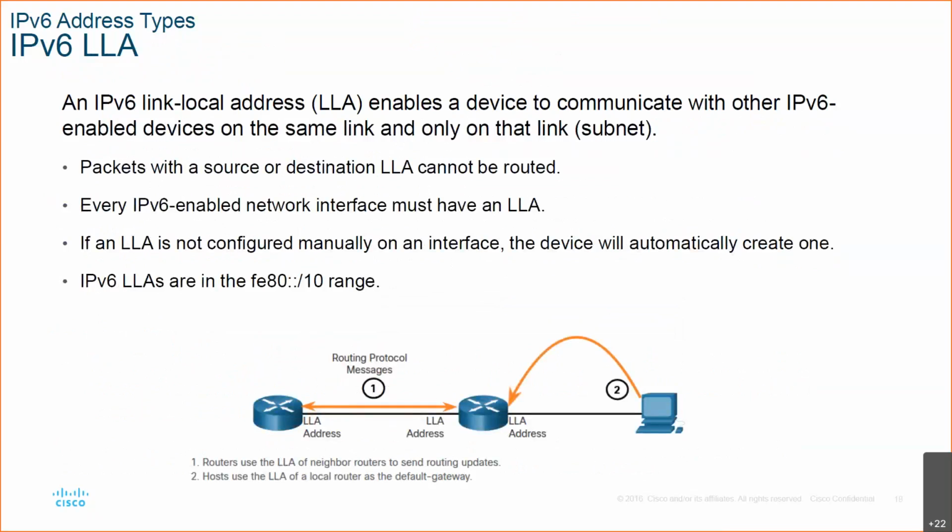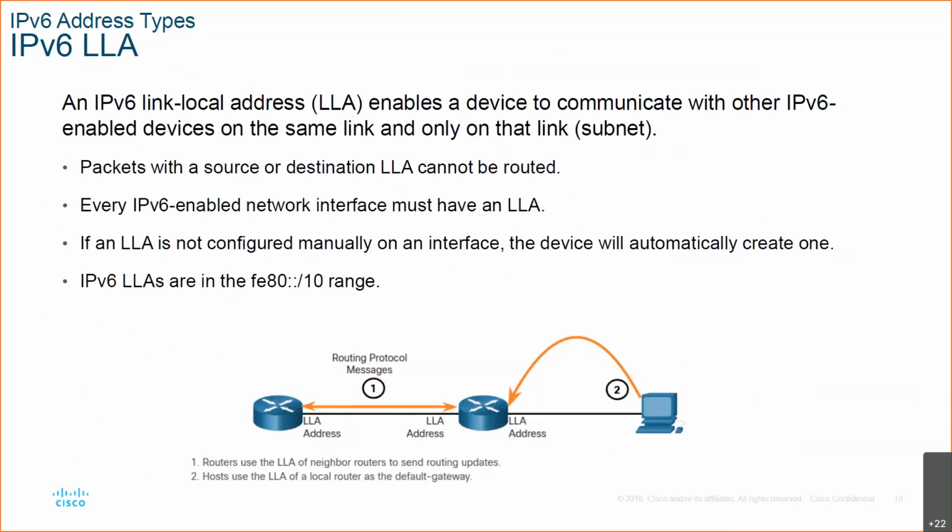So besides the global unicast address, GUA, we also have a link local address, which, as we discussed, enables us to communicate with other IP version 6 devices within the network. Remember, they are not routable.